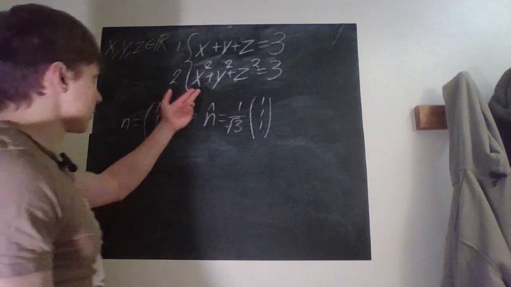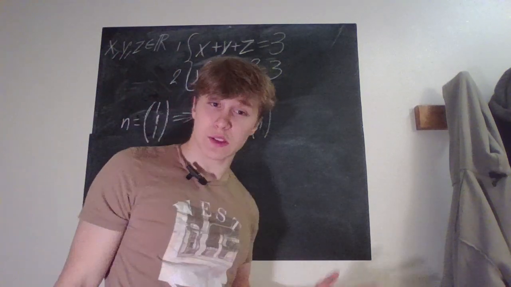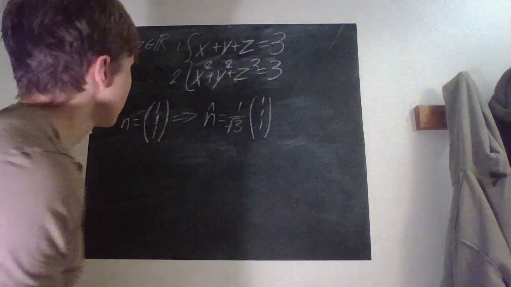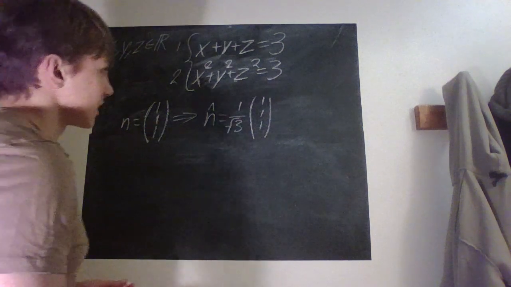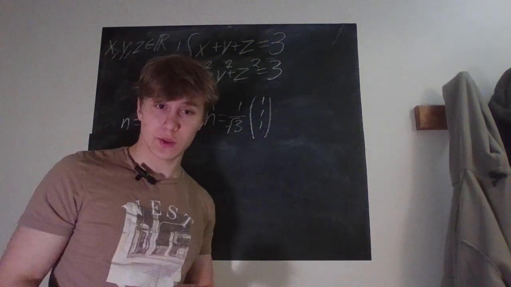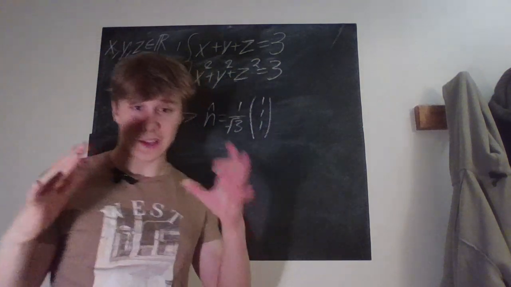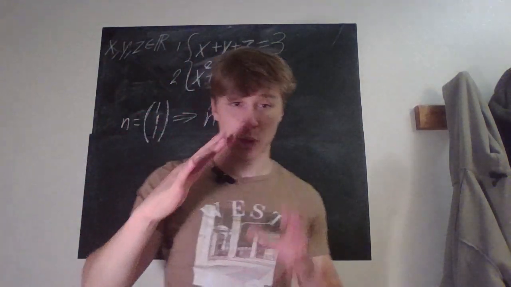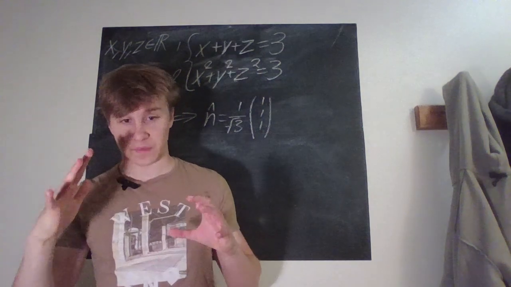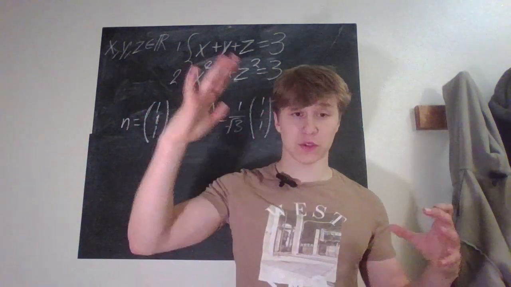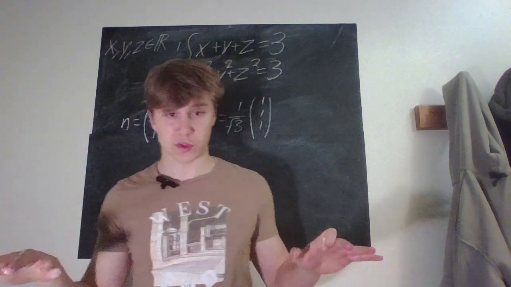And then for this circle, we know that it's centered at the origin point, 0, 0, 0, and its radius is the square root of 3. And for this question, we have a line and we have a plane and we have a sphere. If the plane is outside the sphere, we have no solutions.